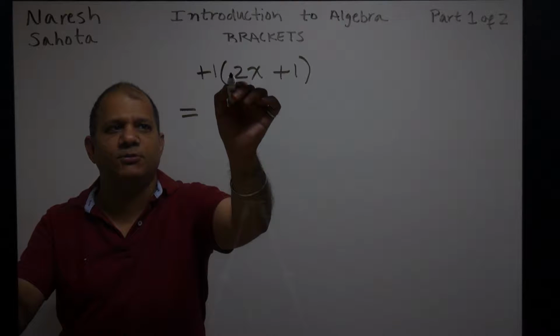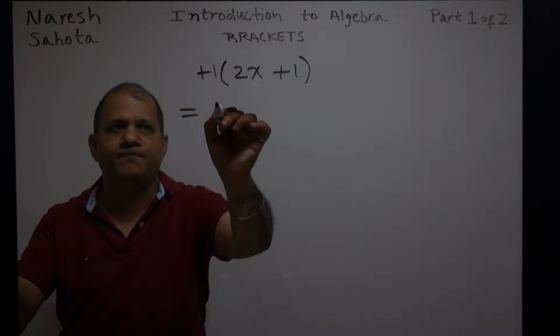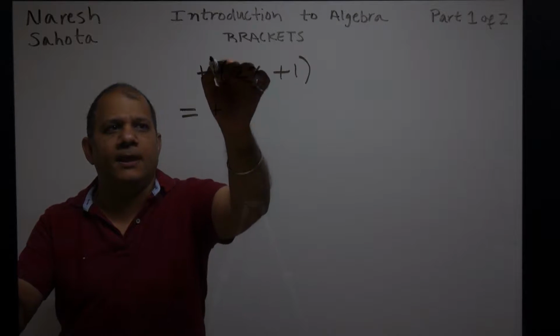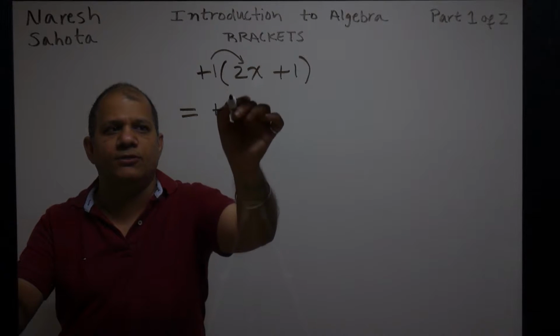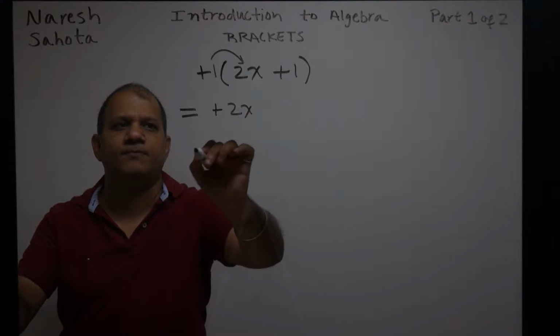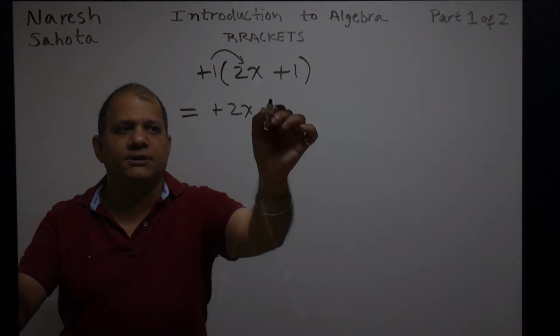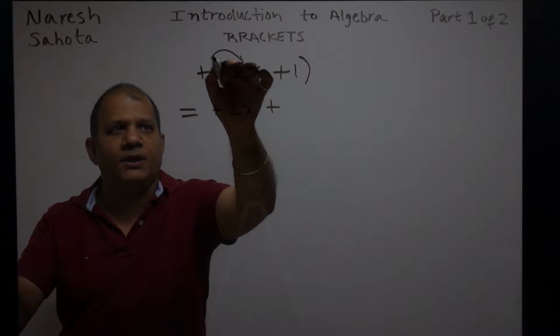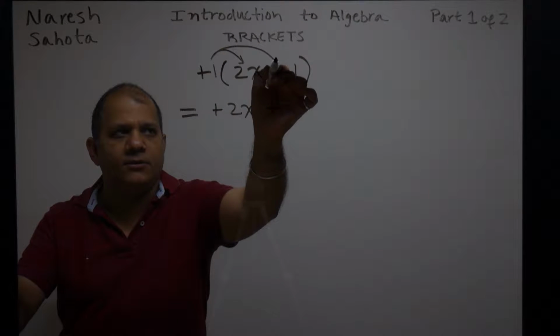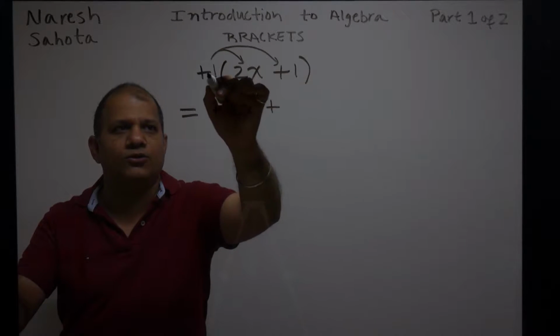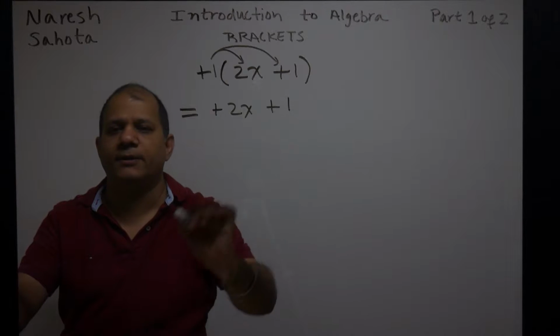So positive times positive is positive. And then 1 times 2x is 2x. And now for the second term, positive times positive is positive. And then multiply 1 with the second term.